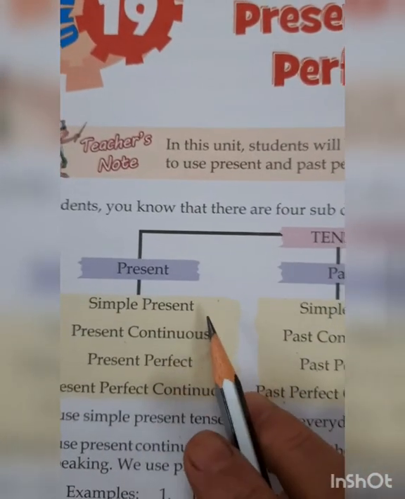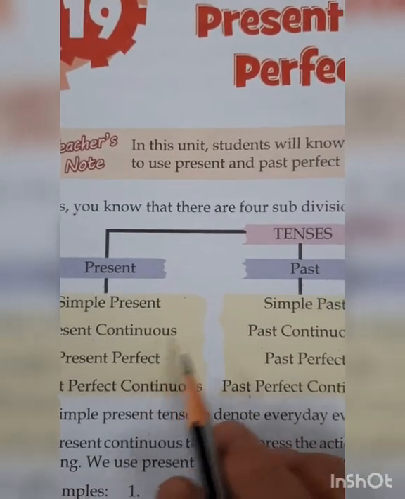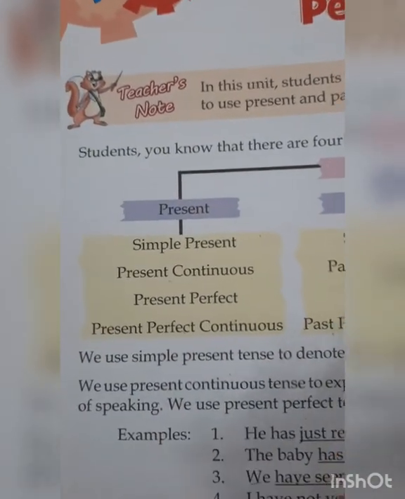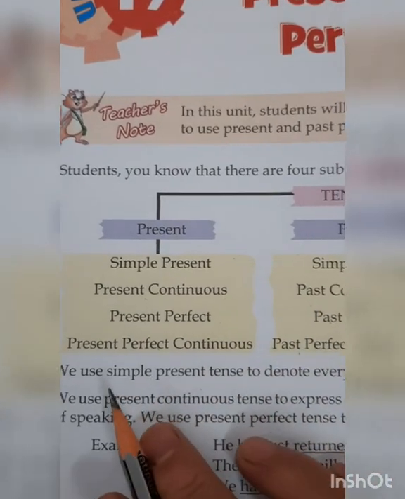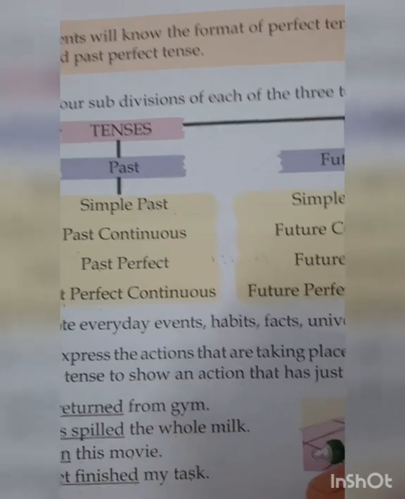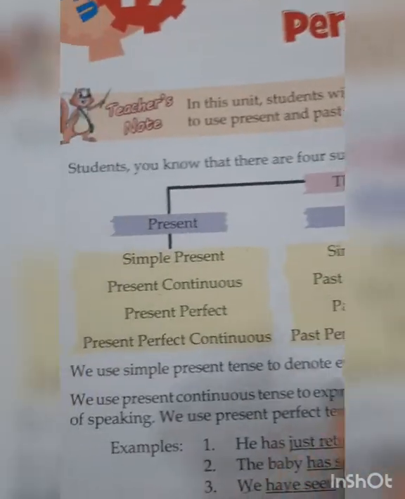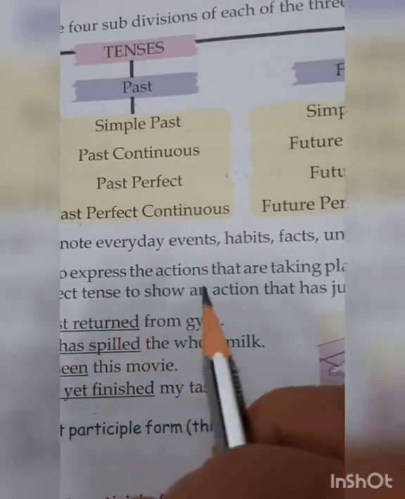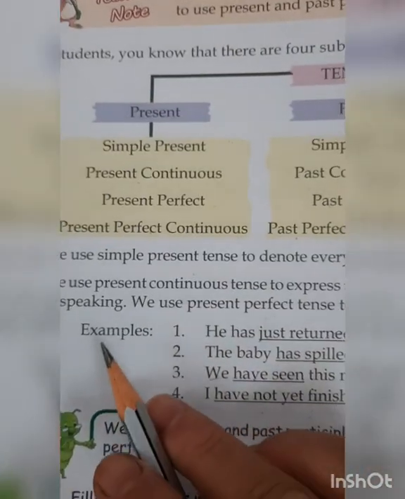We read simple present, simple past, present and past continuous tenses in our previous chapter, and we know where we use all these tenses. Like we use simple present tense to denote everyday events, habits, facts, universal truth, etc. And we use present continuous tense to express the actions that are taking place at the moment of speaking.